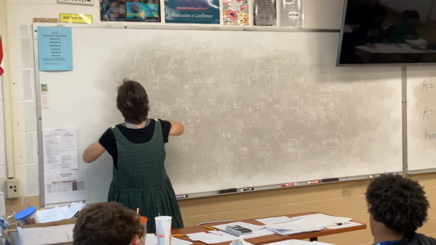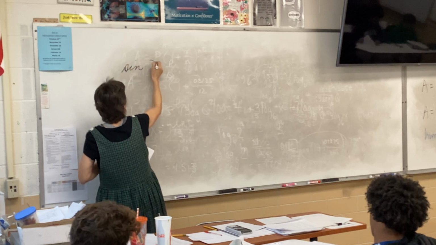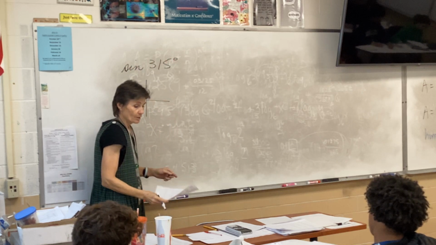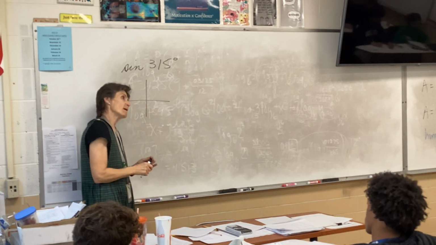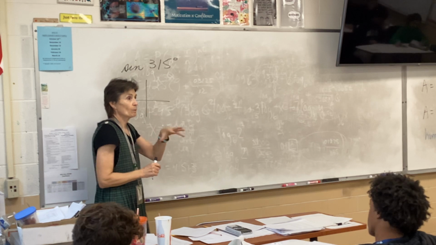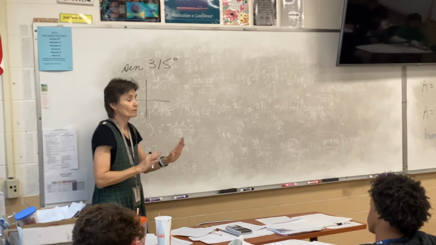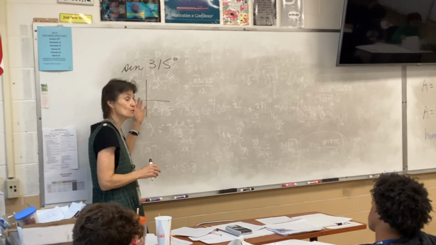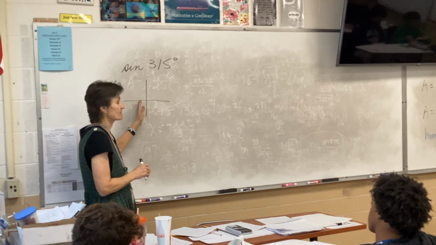Evaluate sine 315. If you have memorized that unit circle that was in the notes, which is totally an option, I don't have it memorized. But if you've done that, then you know, bingo, what the answer to this is.